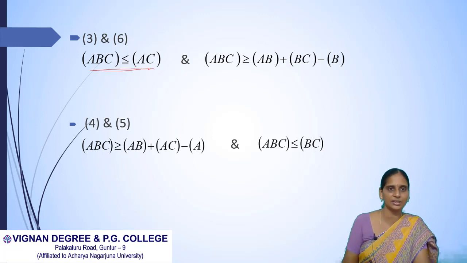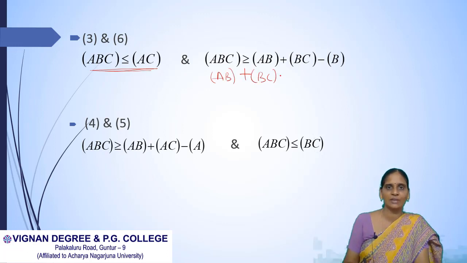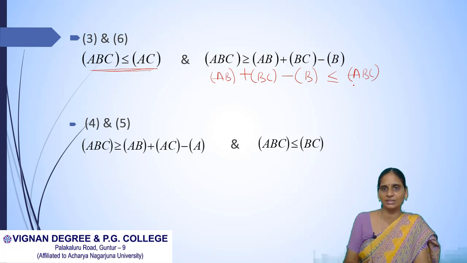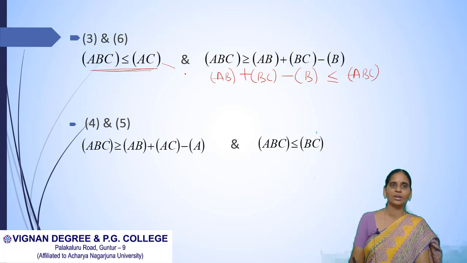And the sixth consistency condition is frequency of ABC is greater than or equal to frequency of AB plus frequency of BC minus frequency of B. This relation is also equivalent to frequency of AB plus frequency of BC minus frequency of B, which is less than or equal to frequency of ABC. Now we combine these two relations.